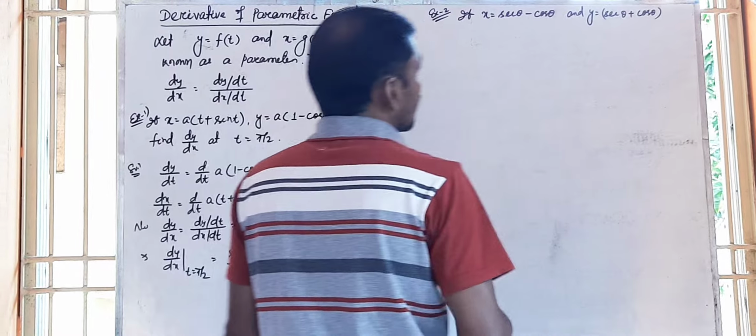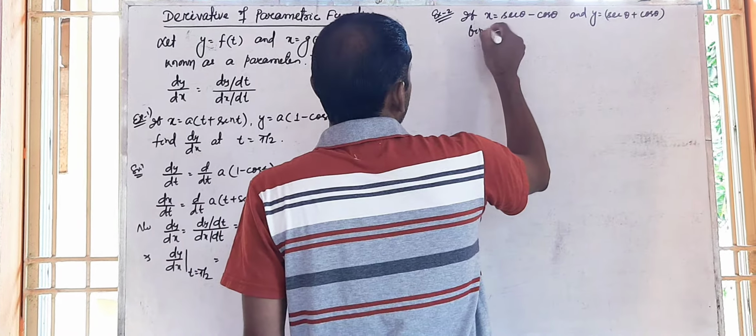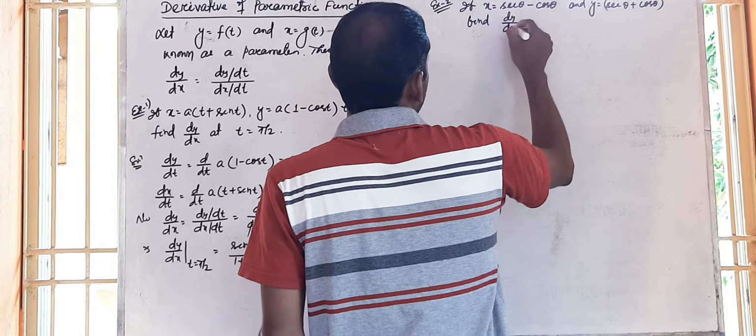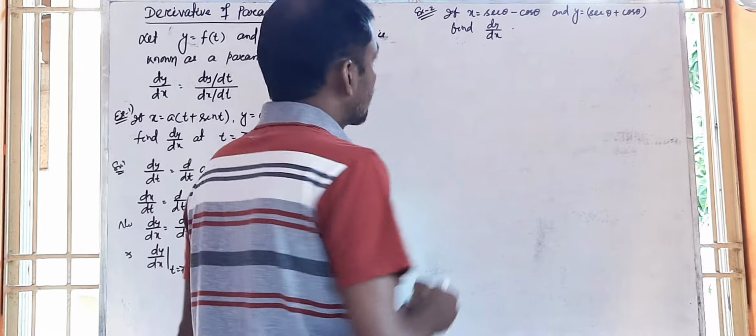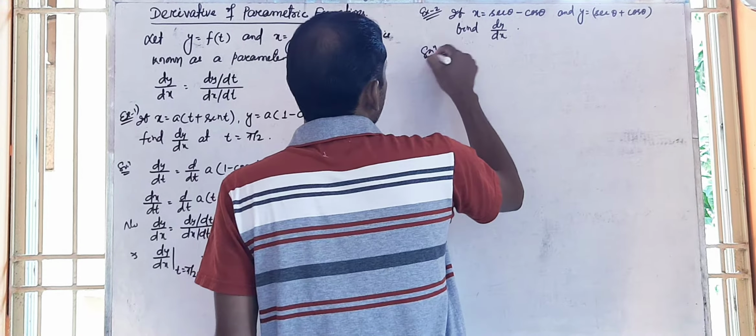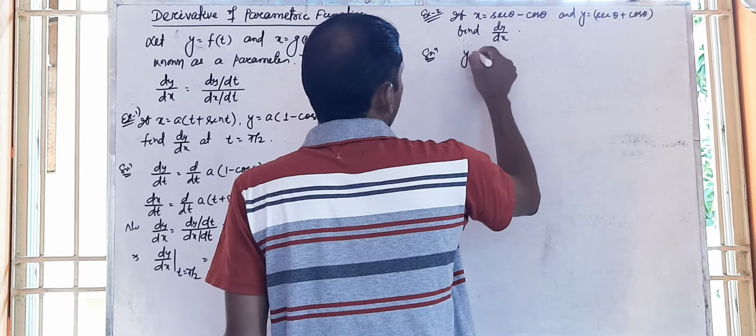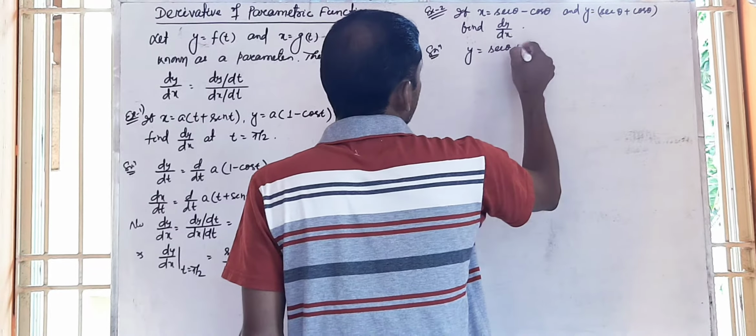Find dy by dx. So there also the solution is like this. y equal to sec theta plus cos theta.